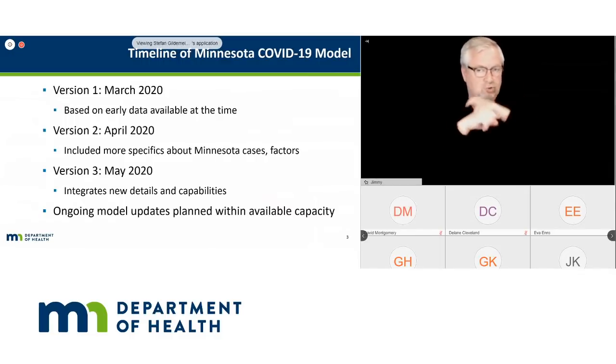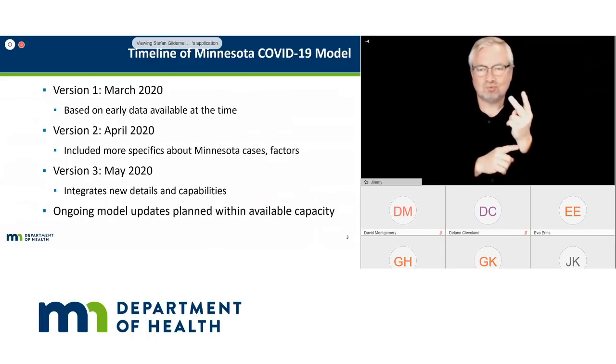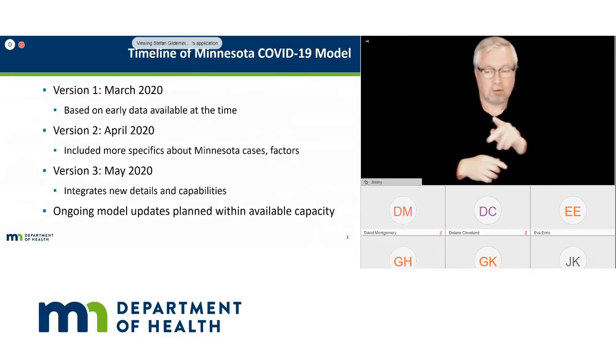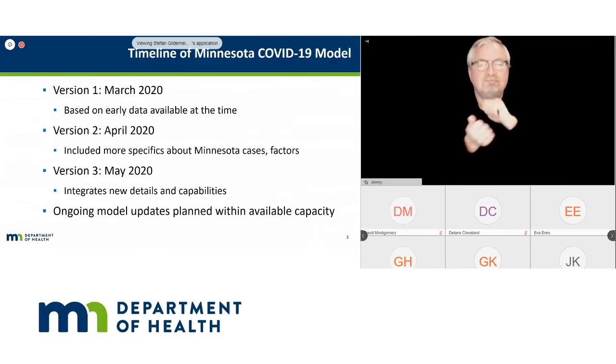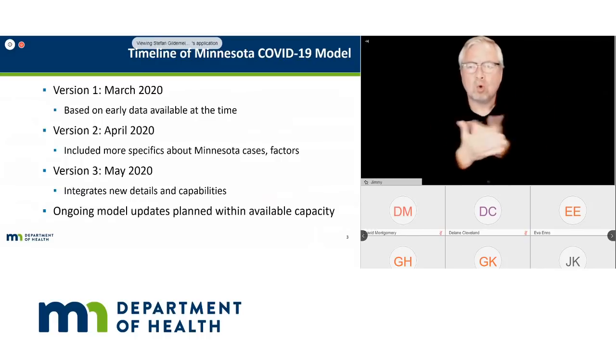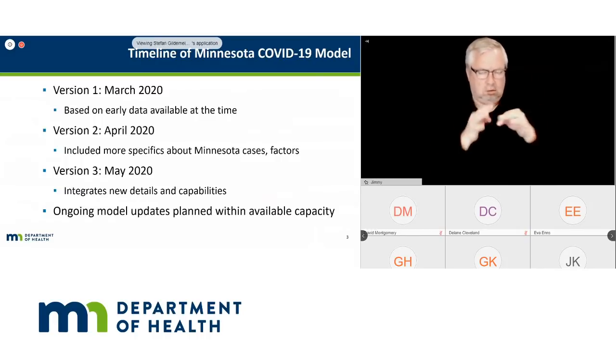With version 2, we included more specifics about Minnesota cases and factors, and in version 3, we updated the chassis underlying our scenarios to integrate new details, new data, and new capabilities. And I'll say a few things about why these model updates are necessary on an ongoing basis.